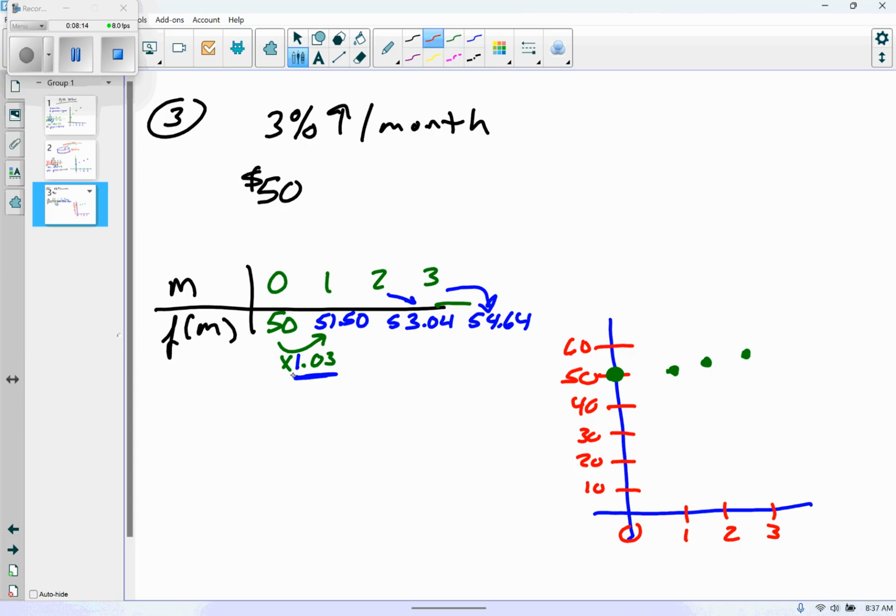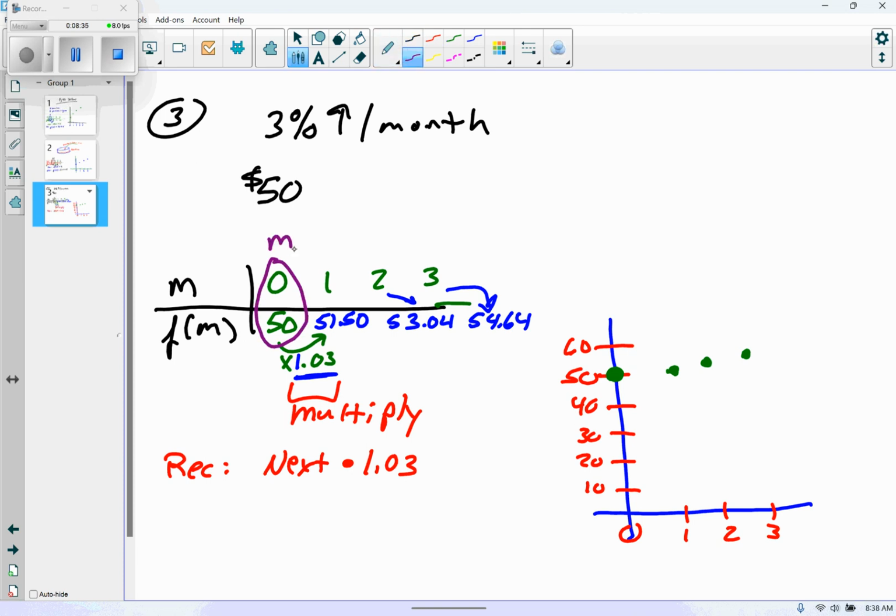Okay, because we have a multiplication here, this is going to change it from arithmetic to geometric. Okay, so our recursive will be next times 1.03. And being I have my 0, that's great. I'm just going to use M. We hadn't used N, but we're using M for now.